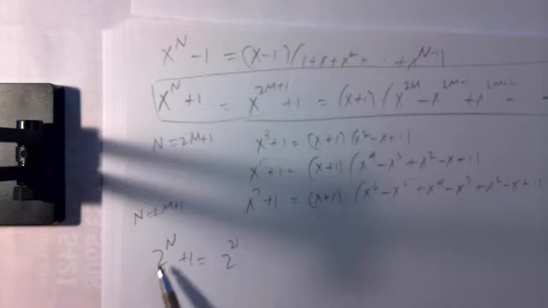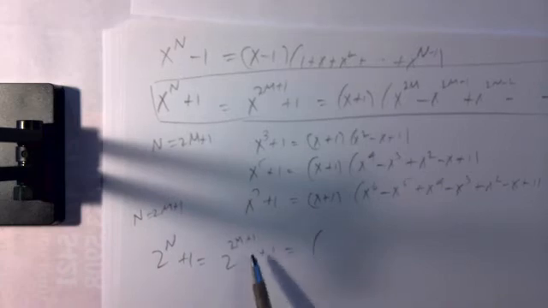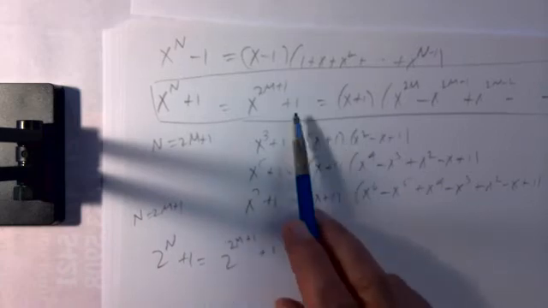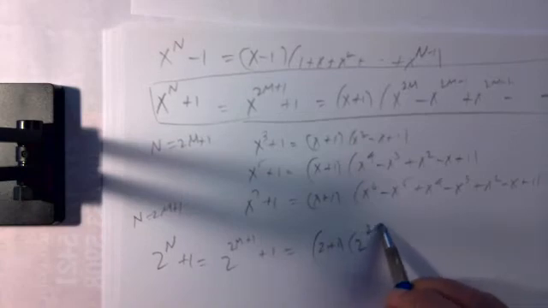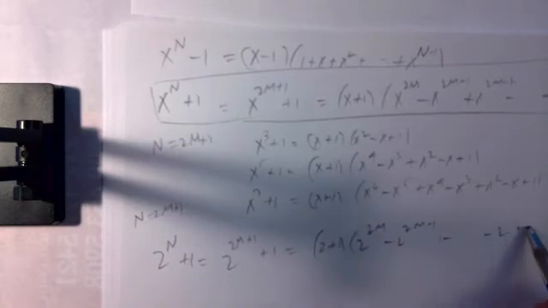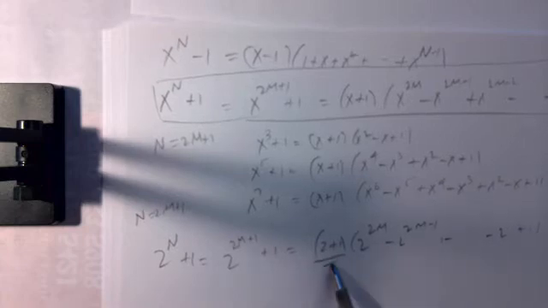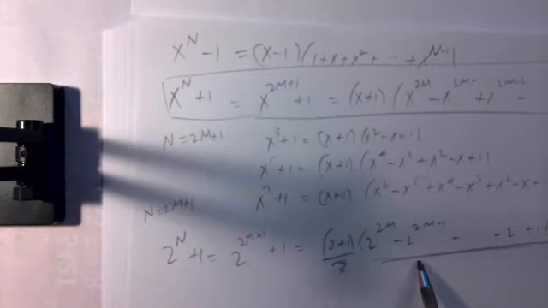Yeah, so 2 to the capital N, which is 2 to the n plus 1, this will factor into, this is just the same formula with x equal 2. 2 plus 1 times 2 to the 2m minus 2 to the 2m minus 1 minus 2 plus 1. This is factorization, and this number is 3, and this number is bigger than 1.